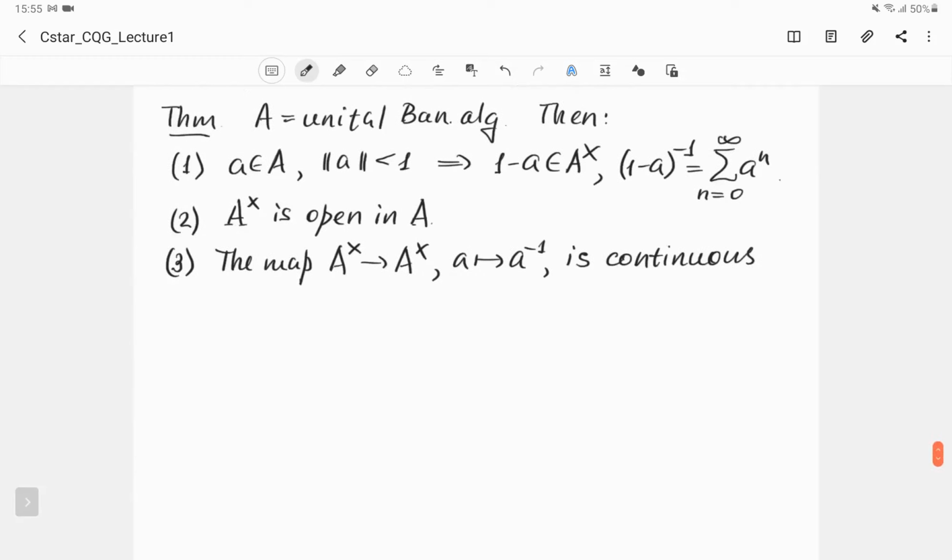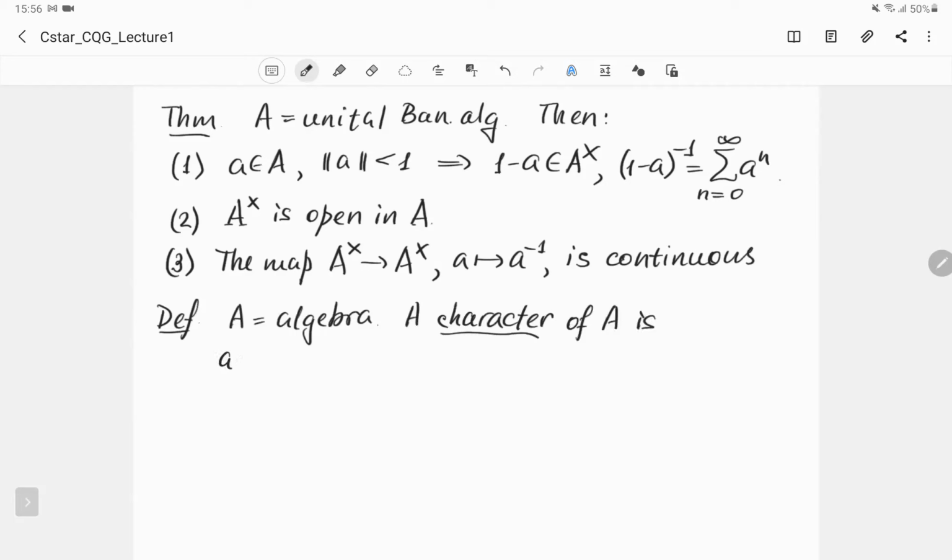By the way, there is a nice corollary of this theorem. So we have the following definition. Suppose that A is any algebra, as usual over the complex numbers. Then by definition, a character of A is an algebra homomorphism from A to the complex numbers.